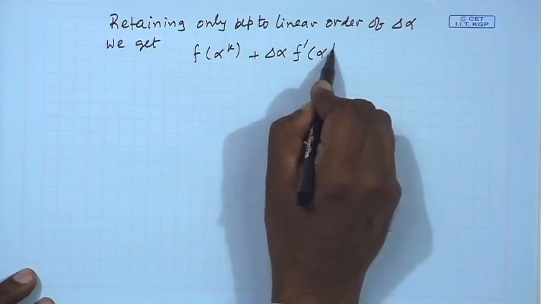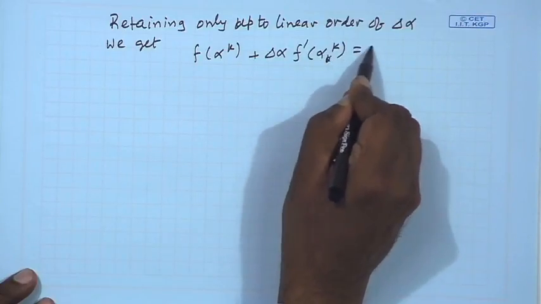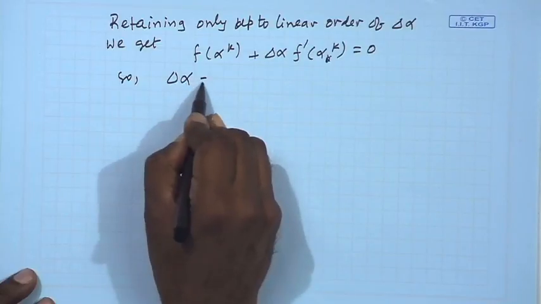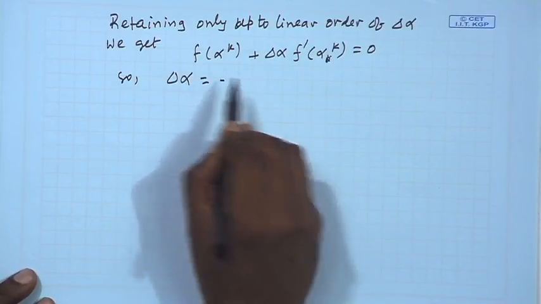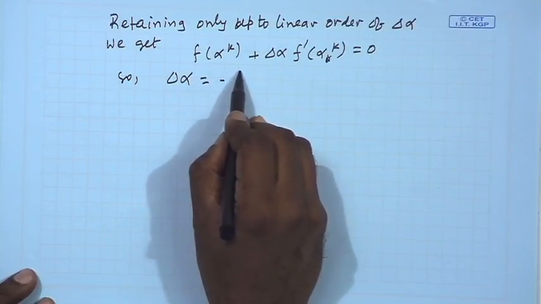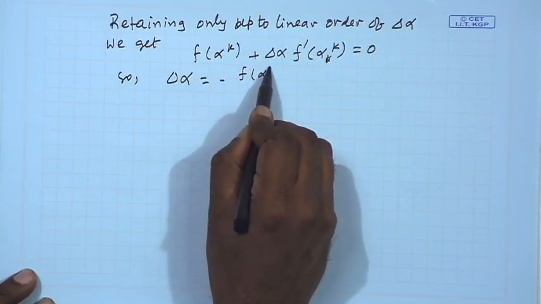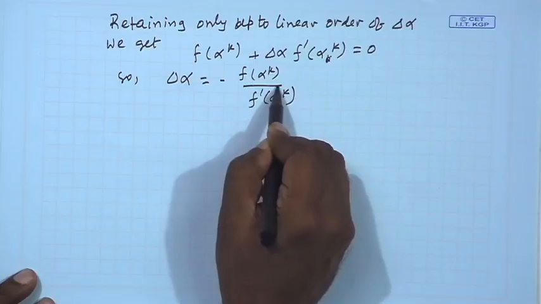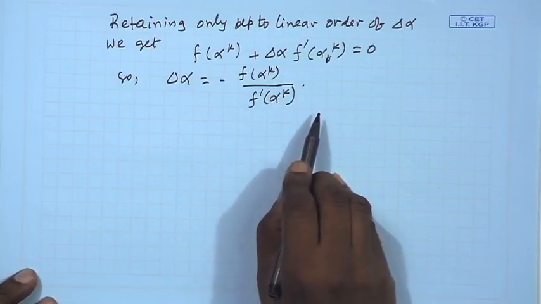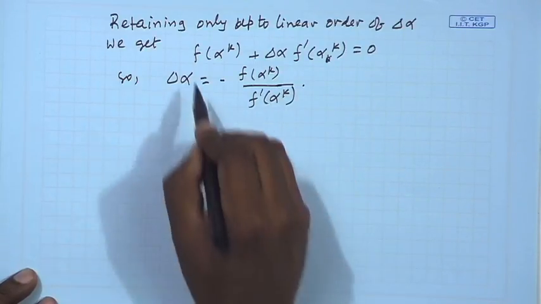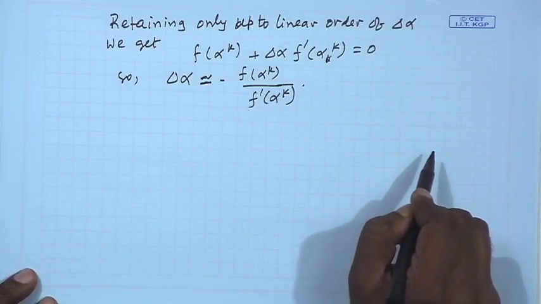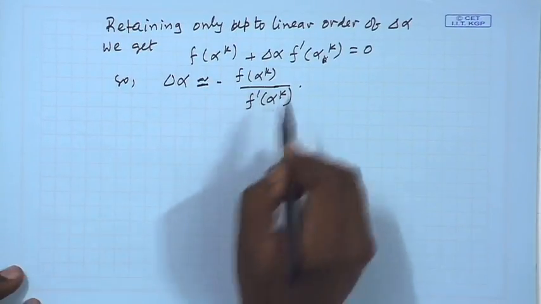This we can also write equal to 0. So, this gives you delta alpha, which is the error at the kth iteration, as minus f alpha k by f dash alpha k. Obviously, this error is not exactly the same as the error we are looking for.